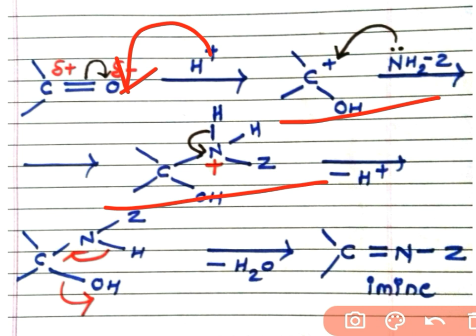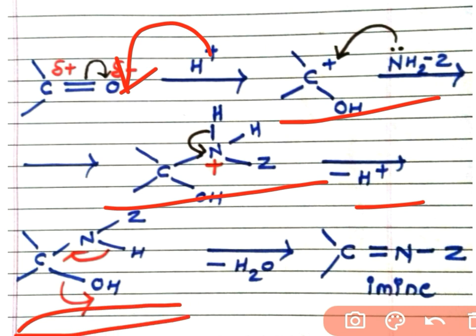Therefore it carries positive charge. To stabilize this positive charge, one of the hydrogens donates its bond electron towards nitrogen and itself gets removed in the form of proton. See, this is proton.